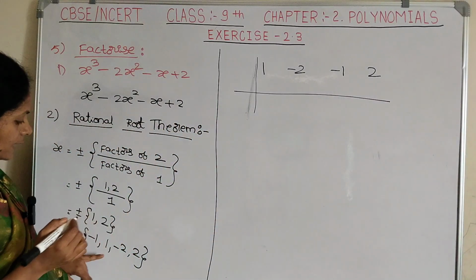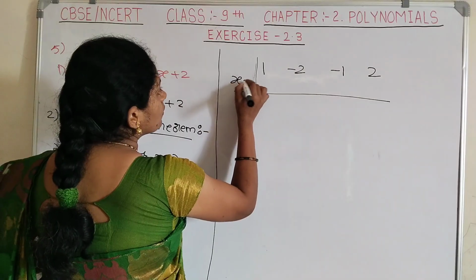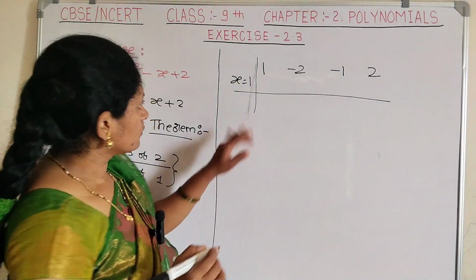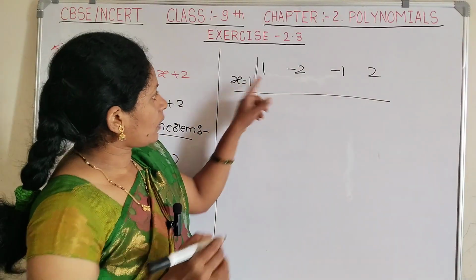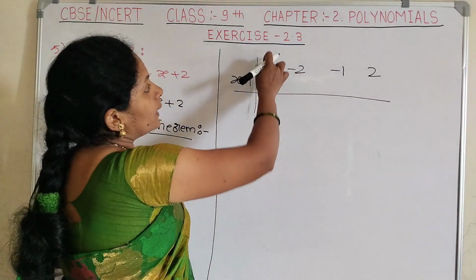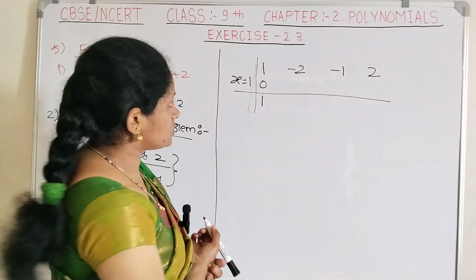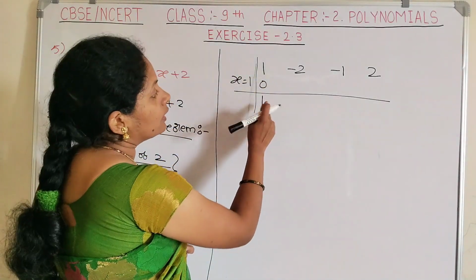Take the value of x equal to 1 here. Write down the 0. 1 plus 0 is 1. We have to perform addition here.